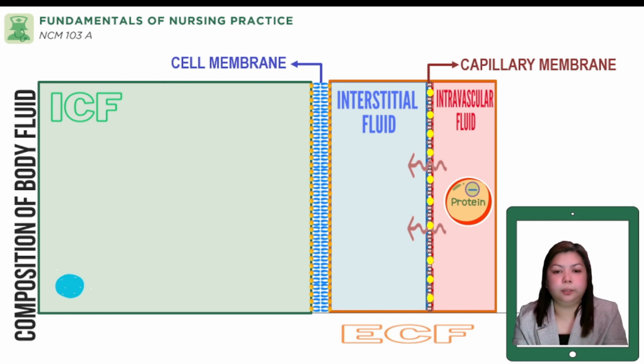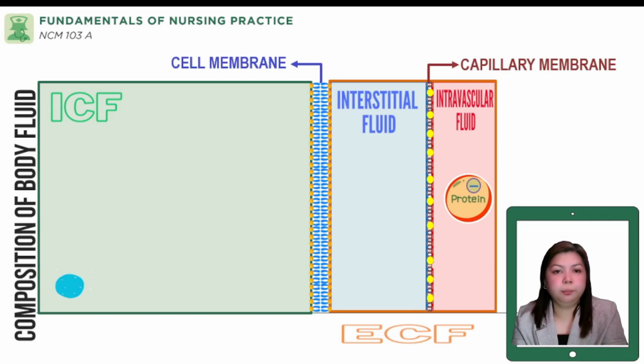Now, your proteins are negatively charged and cations are positively charged. Because protein can't pass through the pores into the interstitial fluid since they are too large, the plasma will have smaller cations like sodium and smaller anions like chloride.